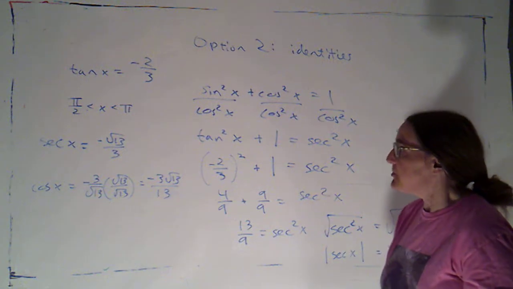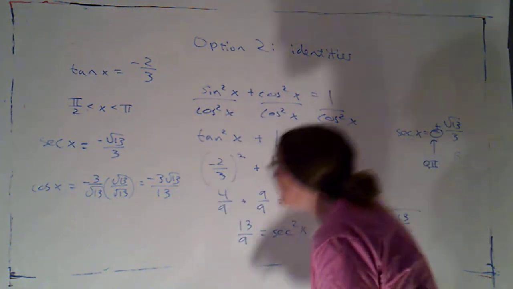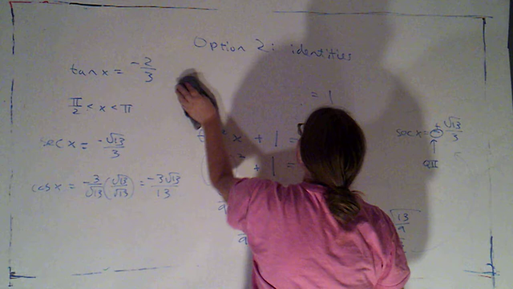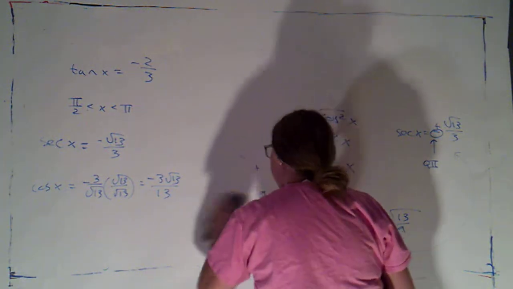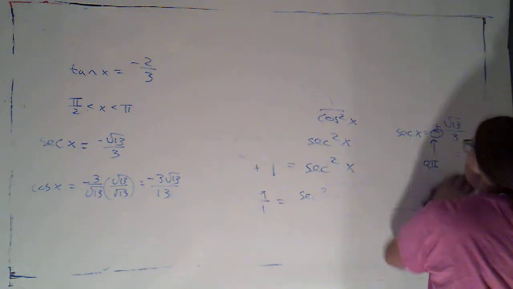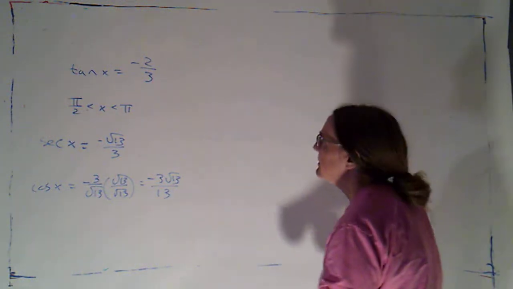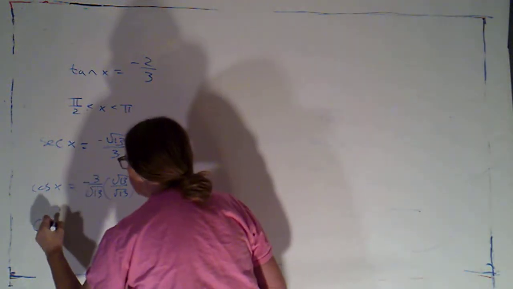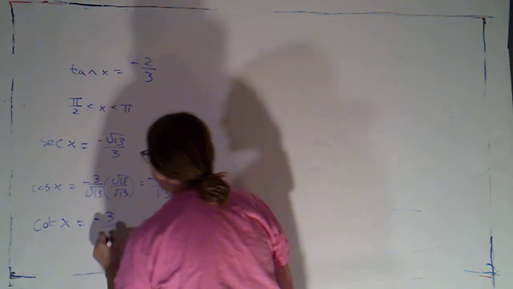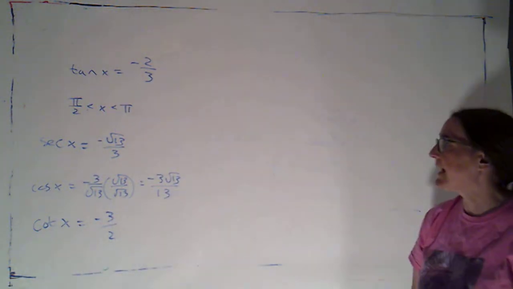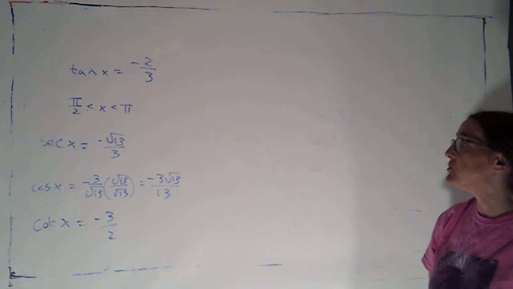Okay. So now I've got tangent, I've got secant, I've got cosine. I still need sine and cotangent and cosecant. Let's do cotangent because that's easy. Cotangent of x is just negative 3/2. Just take the reciprocal of that. But I still need to get to sine.